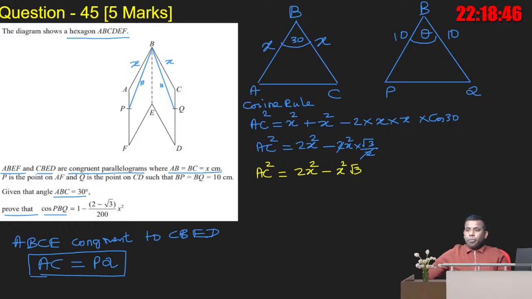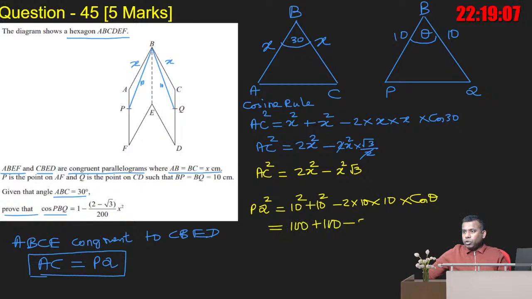Now I'm going to write PQ squared. What is PQ squared? PQ squared is 10 squared plus 10 squared minus 2 times 10 times 10 times cos theta. A little bit of arithmetic: 100 plus 100 minus 200 cos theta, so this is 200 minus 200 cos theta.